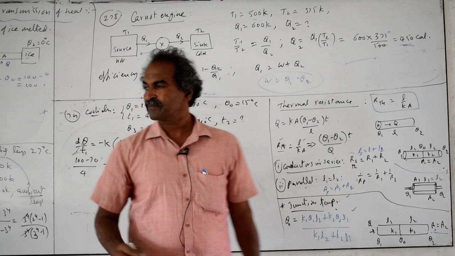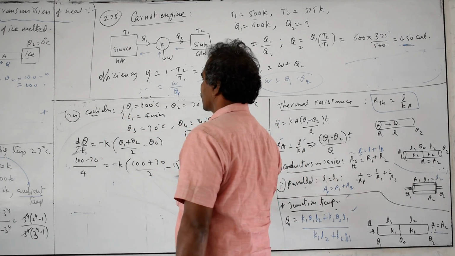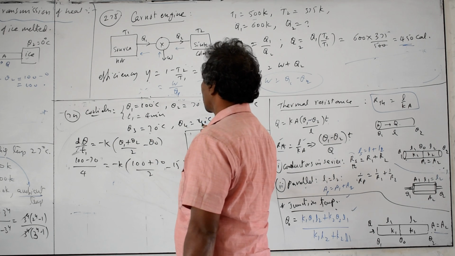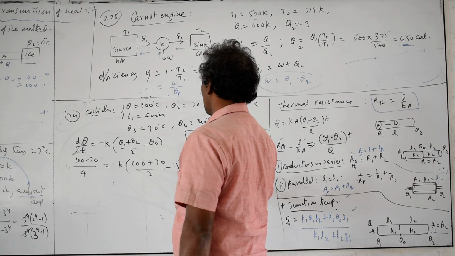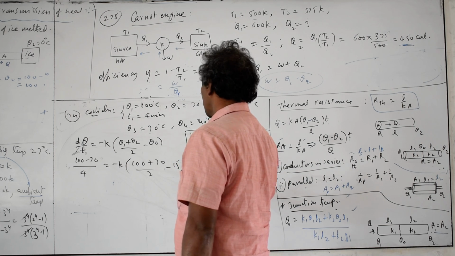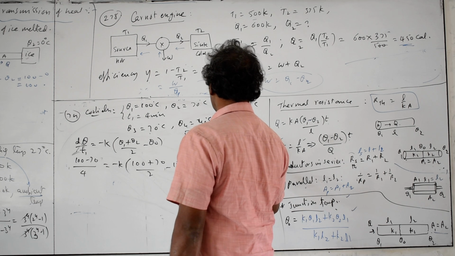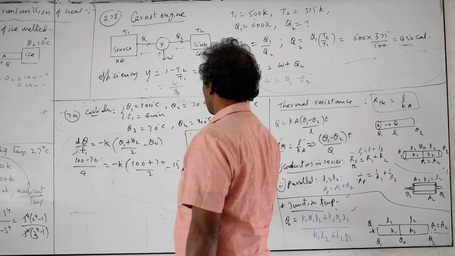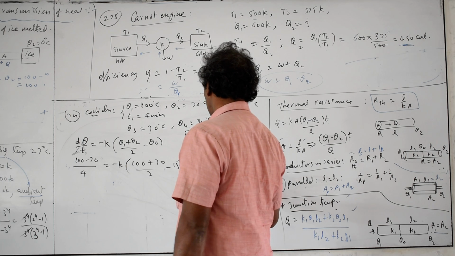The temperature difference, that is 70 to 40, also becomes 30. So it is 70 minus 40 by T2, which you have to find out, equals minus K into (70 + 40)/2 minus 15 degrees centigrade. Solving these two, you will get the time T2 equal to 7 minutes.